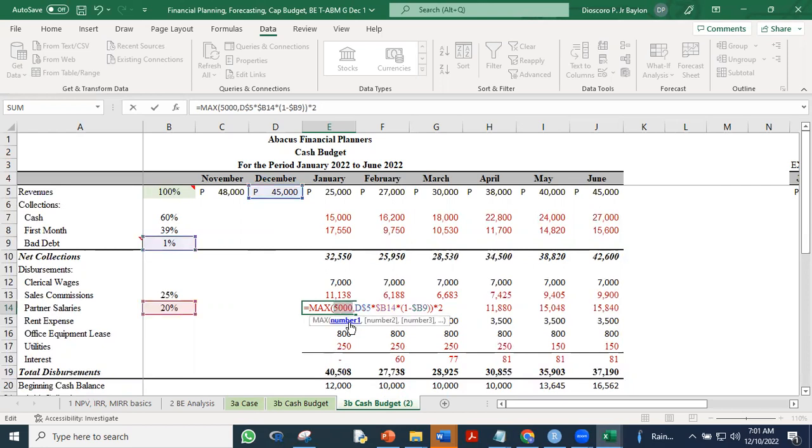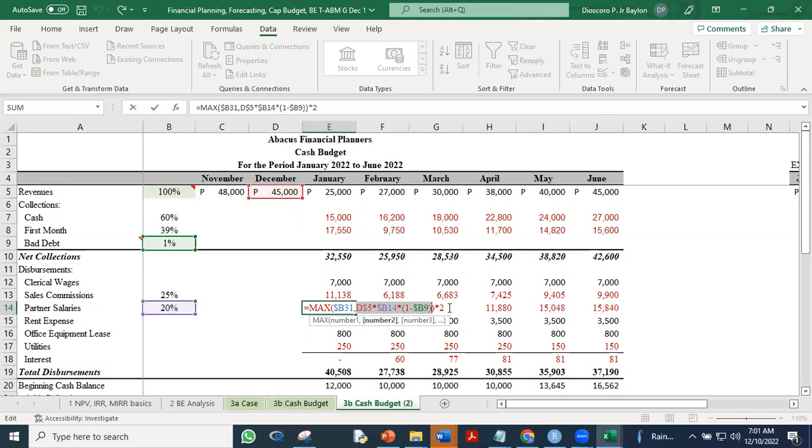Okay, Control Z. Or this one. In this case, if we're going to get the commission rate of 20%, the 8, 9, 10 is higher. So this will be the one used. So the partners will pay themselves the higher between 5,000 or the commission based on 20%.